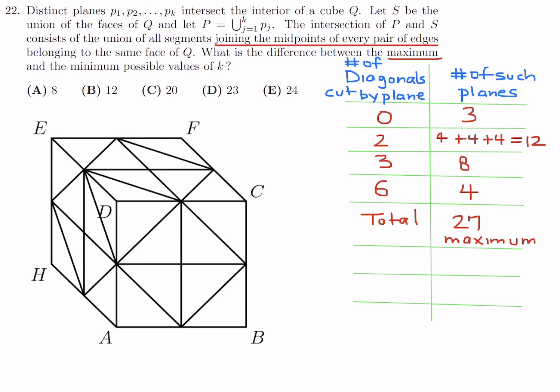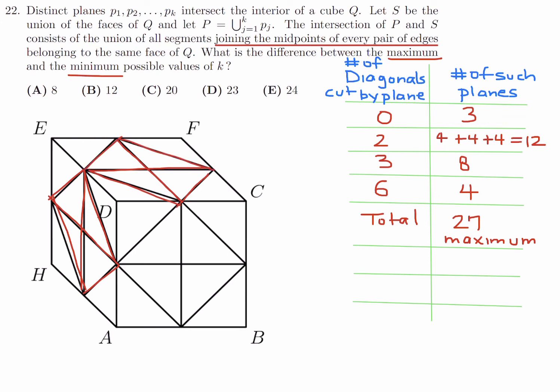Now our task is to also figure out the minimum number of planes such that every single one of these diagonals is covered, and also every single line that joins midpoints is also sliced through. Every single line has to be cut through by some planes.